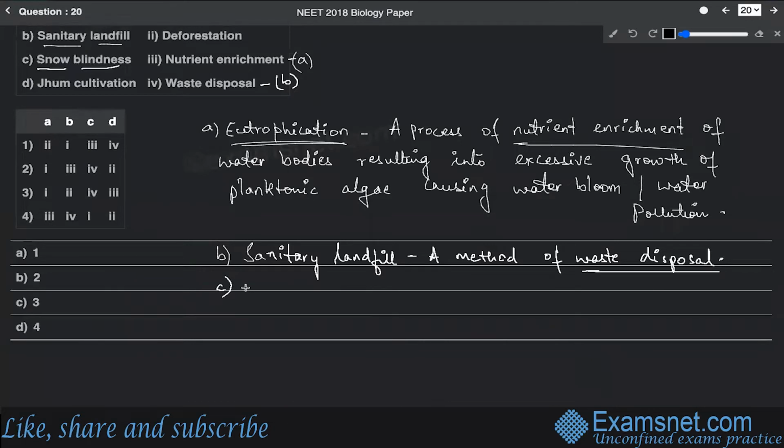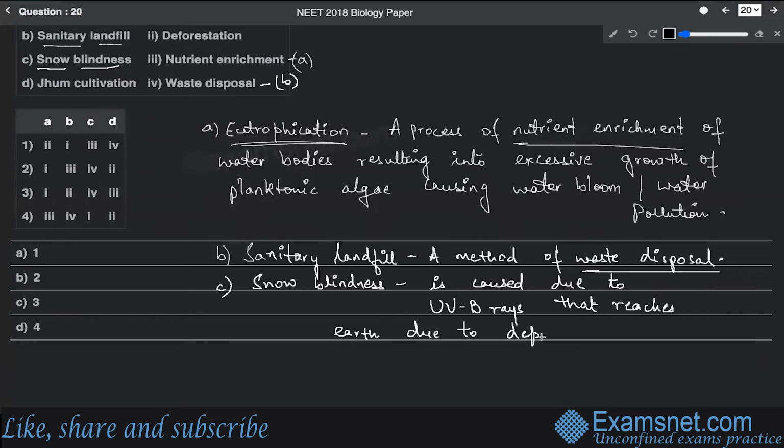So basically snow blindness is caused due to UVB rays that reach Earth due to depletion of the ozone layer. So this is the case.